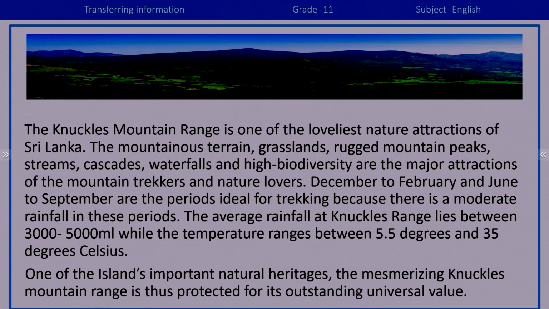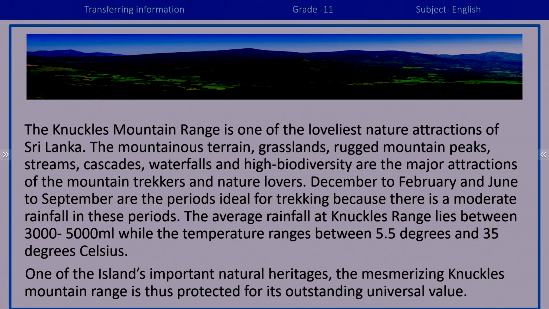December to February and June to September are the periods ideal for trekking, because there is a moderate rainfall in these periods. The average rainfall at Knuckles range lies between 3000 to 5000 milliliters, while the temperature ranges between 5.5 degrees and 35 degrees Celsius.